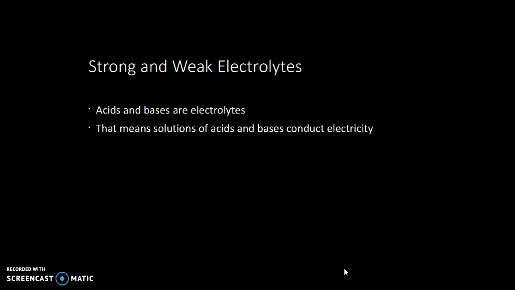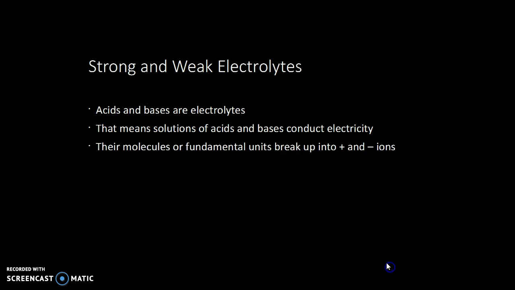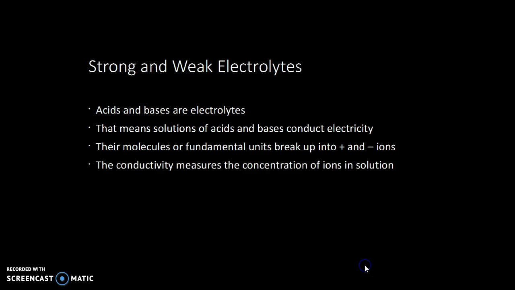Now, we know that strong and weak electrolytes are distinguished from each other by their ionization. Acids and bases are both electrolytes. What that means is that solutions of acids and bases will conduct electricity. Their molecules or fundamental units break up into positive and negative ions, cations and anions.